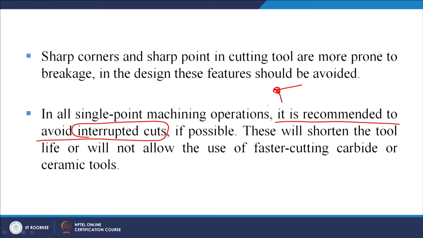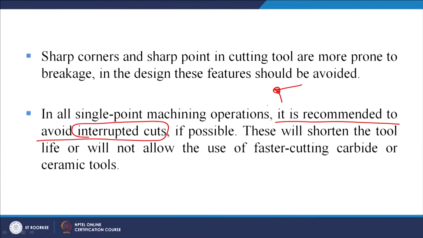In the case of a single point cutting tool, we must avoid interrupted cuts, because that may lead to failure of the tool, or it may limit our choice to specific tool materials only. We may not be able to use carbide or ceramic tools if interrupted cutting has to be done, because the forces generated may lead to fracture or failure of the carbide or ceramic tool. So we must try to avoid surfaces where interrupted cuts are required during our product design.